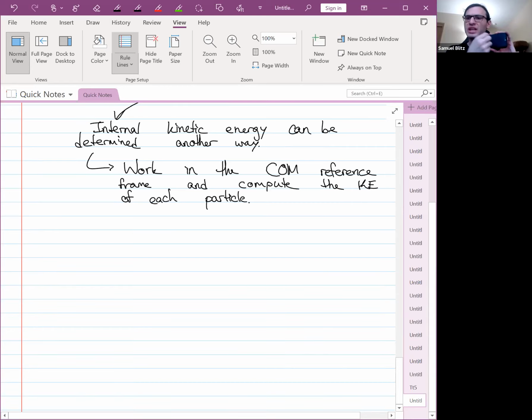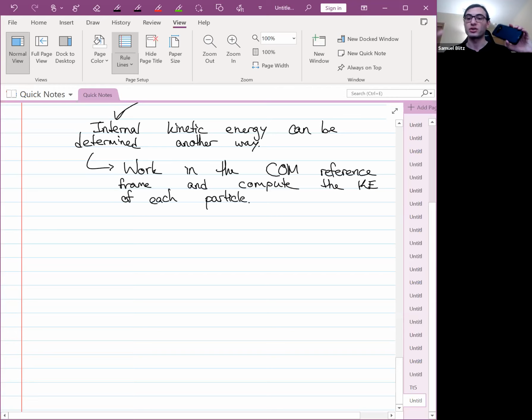And so there are also internal potential energies, which, because they're jiggling about, are bouncing back and forth between 2 points. Those potential energies are also internal, and so those would also not be measurable. And if we wanted to find the internal potential energies, we would again have to work in the center of mass frame of the system. And then from there, we could measure the potential energies, and that would give us the total internal potential energy.